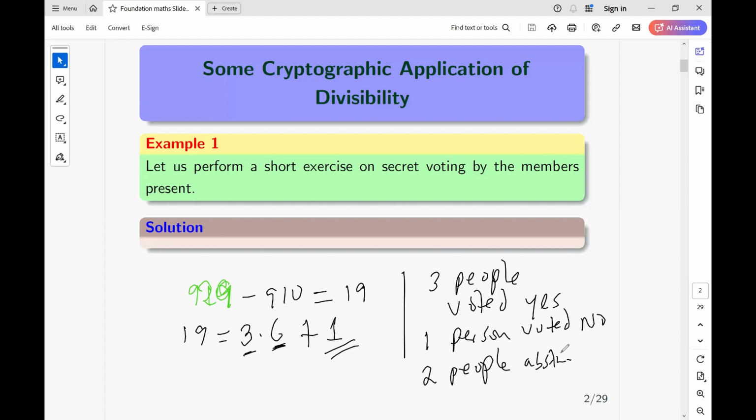Now, my choice of the numbers is very important. I knew that we were 5. So I decided that if you have to vote yes, vote 6. I wouldn't have said vote 5 for yes, because what if 5 people vote no?